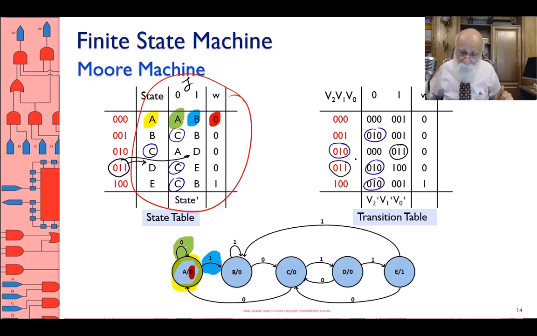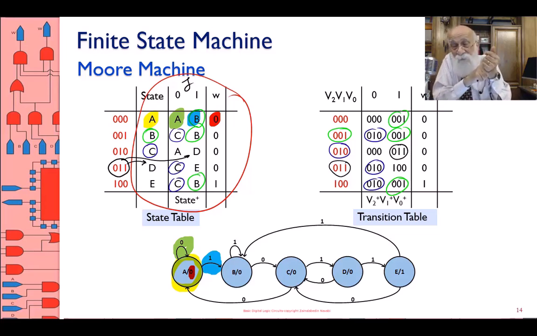Let me do B. B is 0, 0, 1. In the next state, B, B, B, B, B, B. This becomes my transition table.